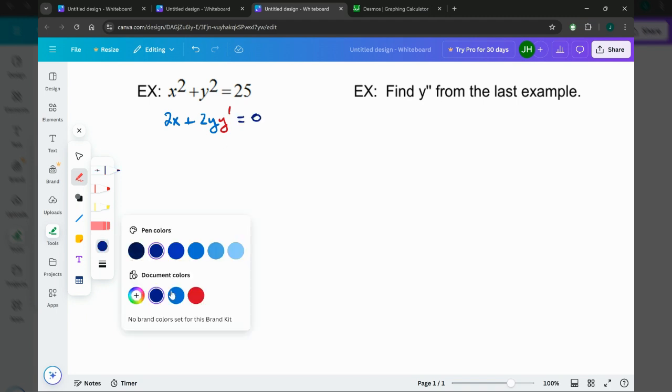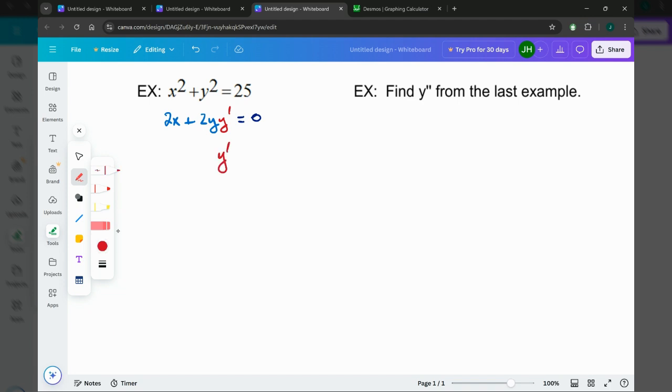Now, if I solve this for y prime, I would have to subtract the 2x, divide by 2y, and I would get y prime equals negative x over y. That is the derivative at any point on a circle, centered at the origin with a radius of 5. In fact, with any radius, actually, because the 25 essentially doesn't affect the derivative.